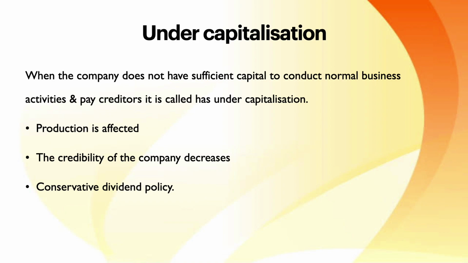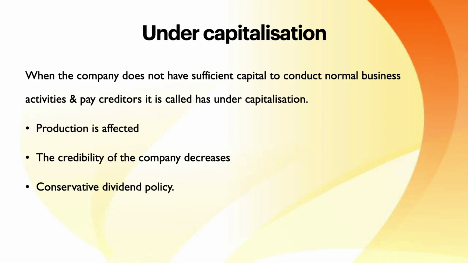So conservative dividend policy means, let's say I have to pay 100 rupees per head to equity shareholders, but due to undercapitalization, I start paying them 70 rupees per head or even 60 rupees per head. You understood? So I am trying to reduce the usual payment in the form of dividend to equity shareholders.